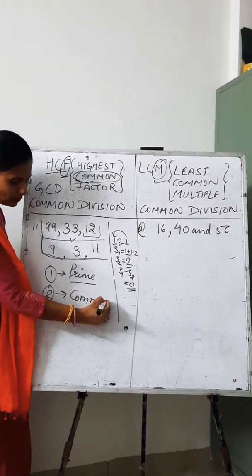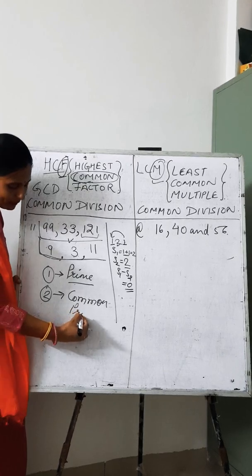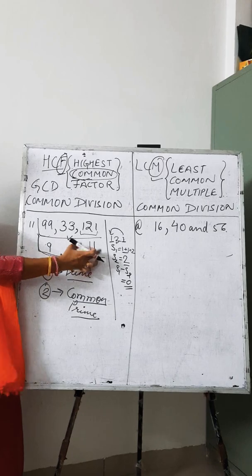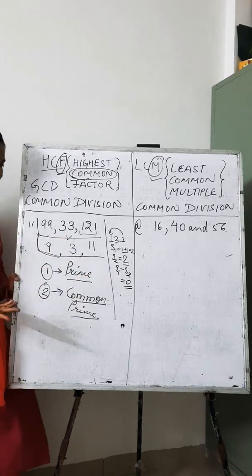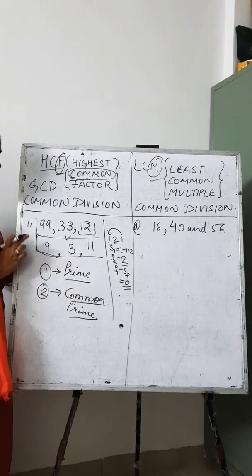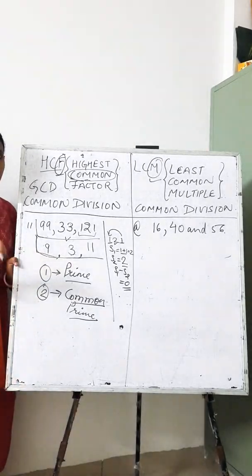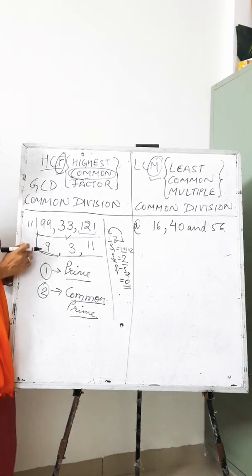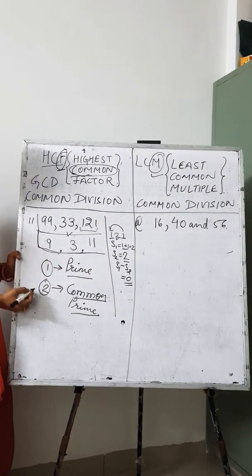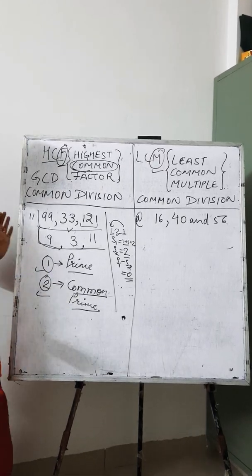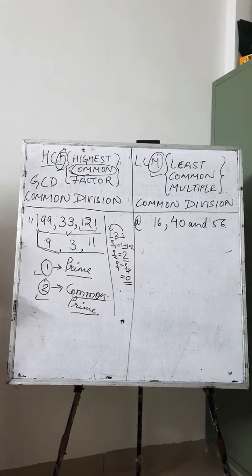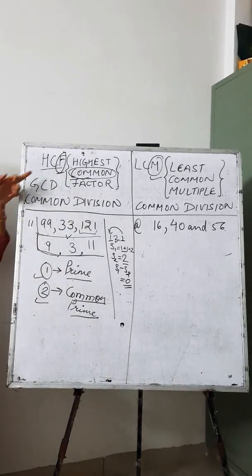So I am going to write common prime number. Common prime number states that you have to check whether all the given numbers, whether 2 or 4, are going with a common prime number to divide these three numbers or two numbers. So these are the basic two cases. So you have to stop your journey with the prime number in HCF.